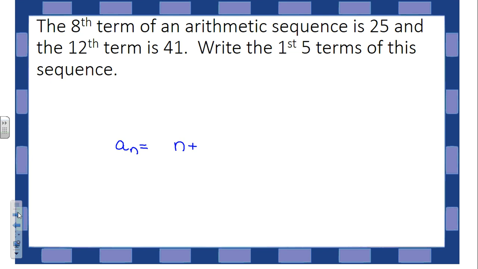Okay. All right, so you could do this. Okay, systems of equations. We know that the 8th term is 25.